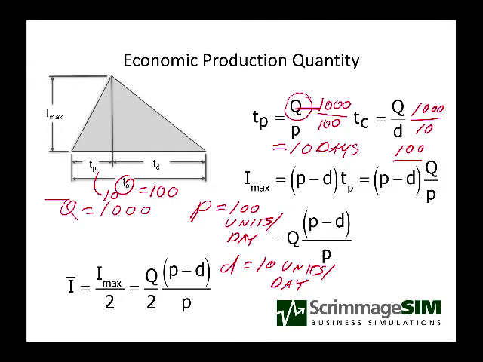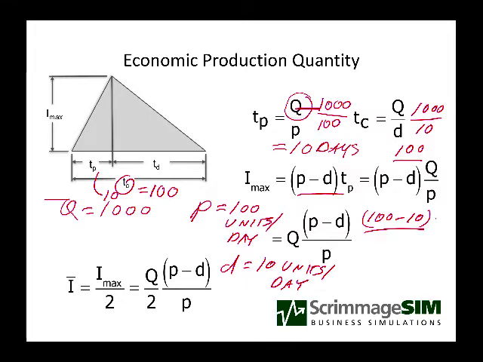To get to the maximum inventory level, it's the difference in the production and the demand rate times the production time that tells us what our max inventory is. So if we have 100 minus 10, which is 90, that's the rate at which we add to inventory every day when we are building up inventory.